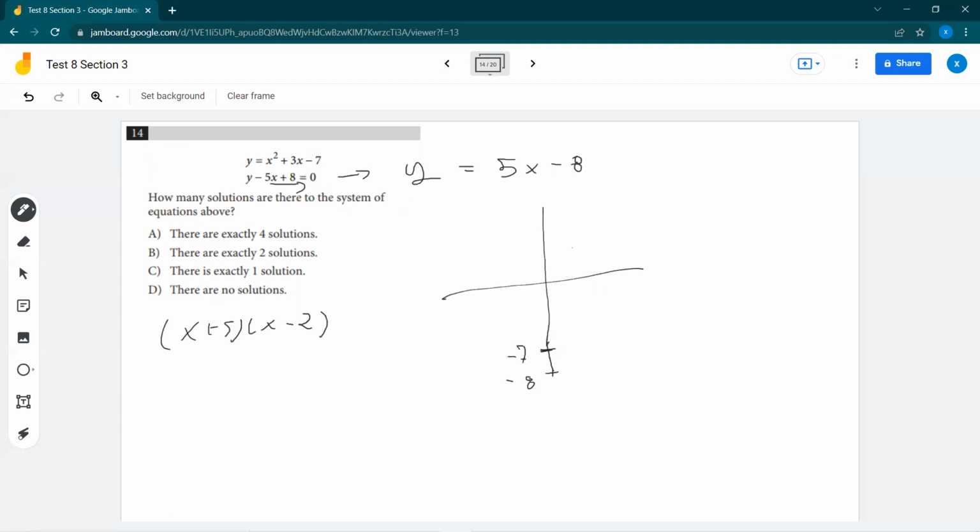So there's a 2 here and a -5 here. So it looks something like that. It's not perfect, but it'll be good enough. Then we have a -8, so we'll go up 5 and then over 1.